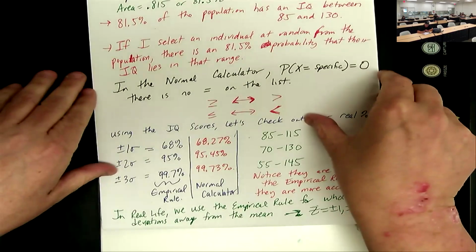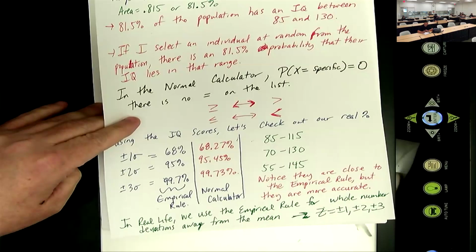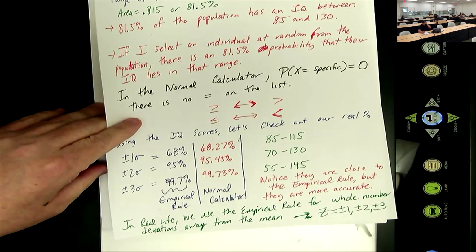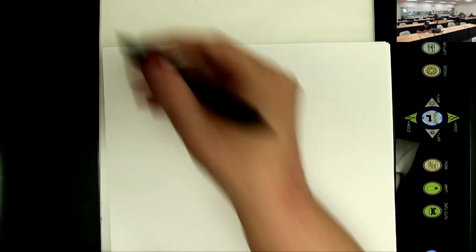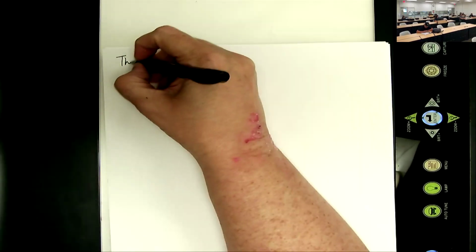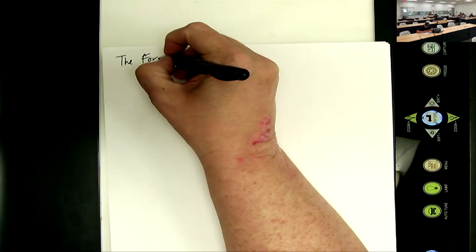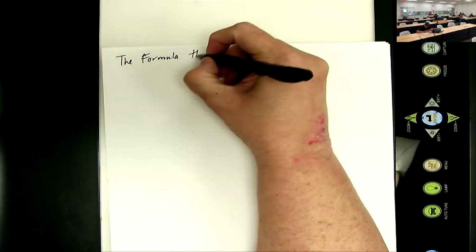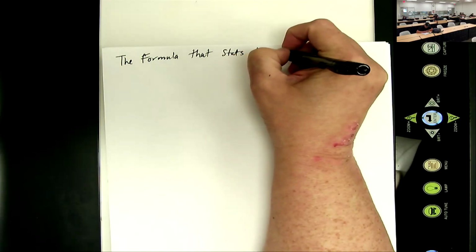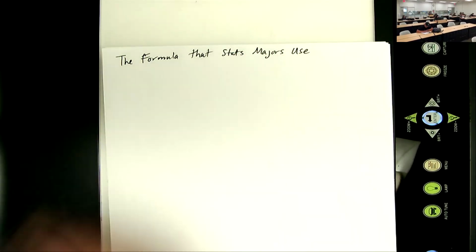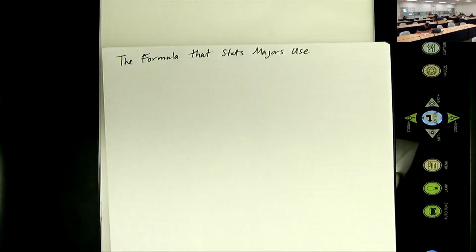You wanna see the formula that goes with this that you're avoiding? You thought the Poisson formula was messed up. This is the formula that stats majors use. If you're gonna go into statistics, you gotta go the calculus route.